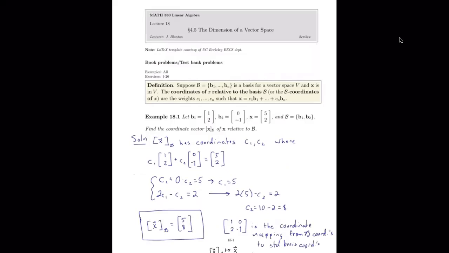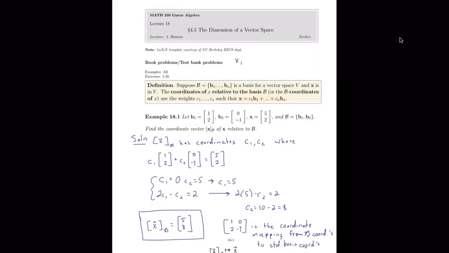So suppose we have a basis B consisting of b1 to bn for a vector space V, and x is some vector in V. The coordinates of x relative to the basis B, or the B-coordinates of x, are the weights c1 to cn, in other words, the scalars, typically real numbers, such that x is equal to c1 b1 plus all the way up through cn bn. That made sense for the standard basis vectors, right?